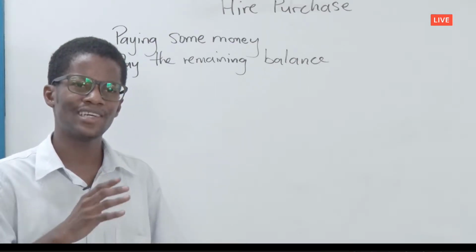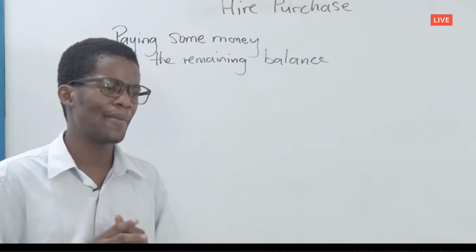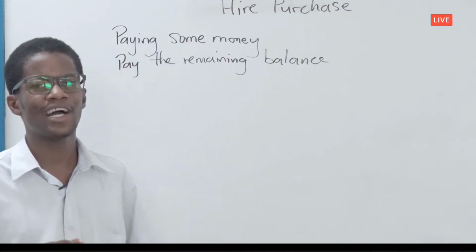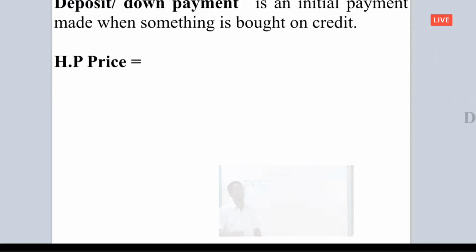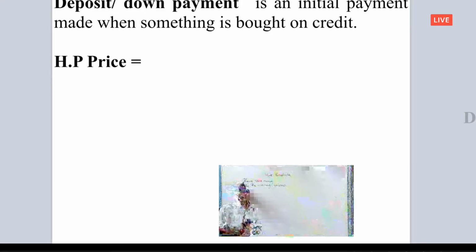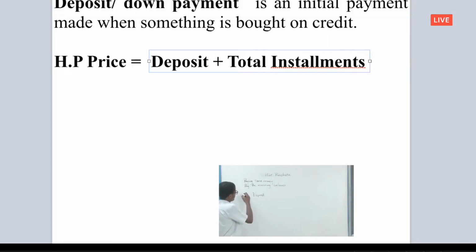Now, based on that definition that we're able to use, or the concept of hire purchase, can anyone in the class come up with a formula for us to find the hire purchase price? Telling me we have to use our deposit. So HP is equal to our deposit.